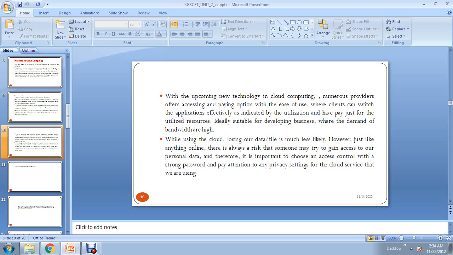Now, in cloud computing, you are offered accessing and paying options with ease of use, where clients can switch applications effectively as indicated by their usage and pay just for the resources they use. Why? Because the cloud servers provide services 24/7.